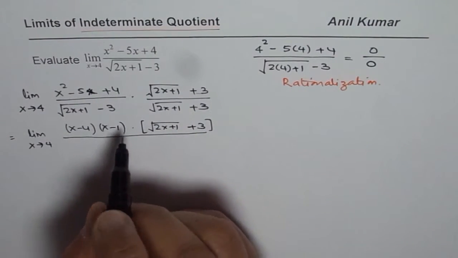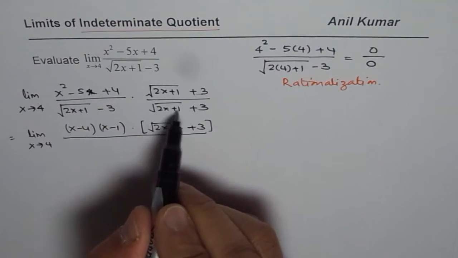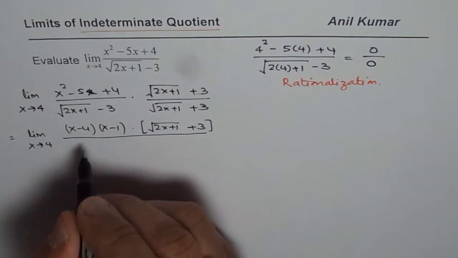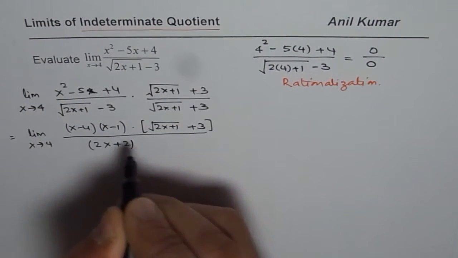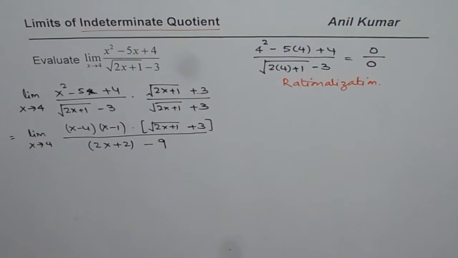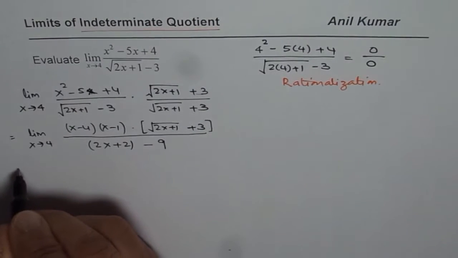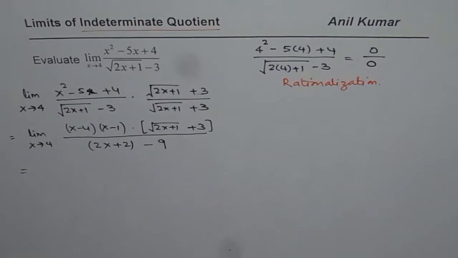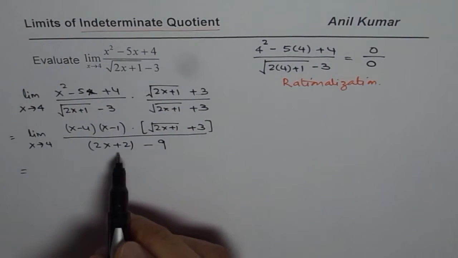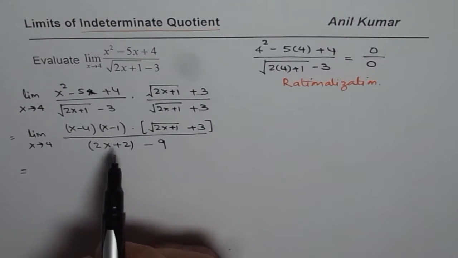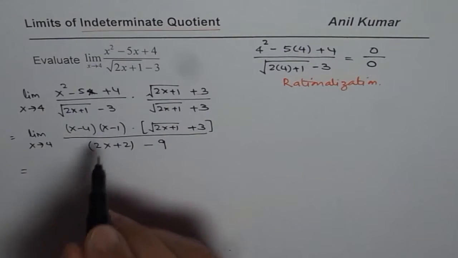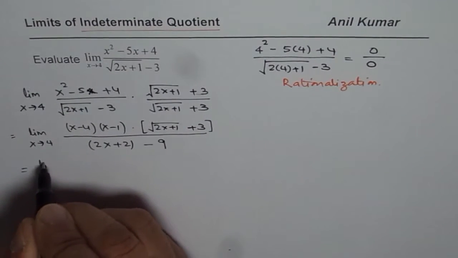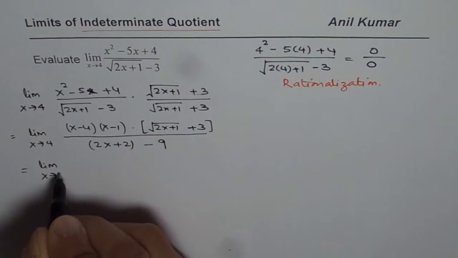As far as the denominator is concerned, a minus b times a plus b is a square minus b square. The square of the square root will be 2x plus 1, in this case minus 9, correct? So that is what you get after rationalization. So you get rid of the radical part, in this case from the denominator, since we rationalized the denominator. Now we can simplify this expression.